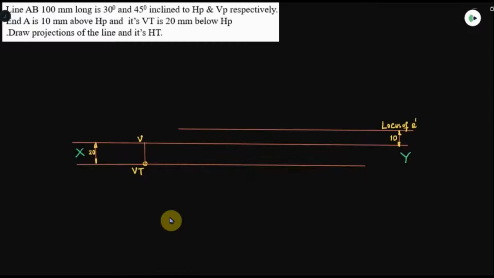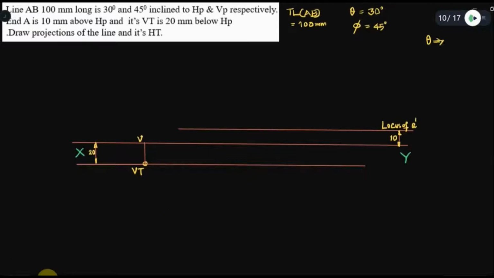So in the top view region we mark angle phi. Phi here is 45 degrees. Let me write: theta here is 30 degrees, angle phi is equal to 45 degrees, and the true length of AB is equal to 100 millimeters.